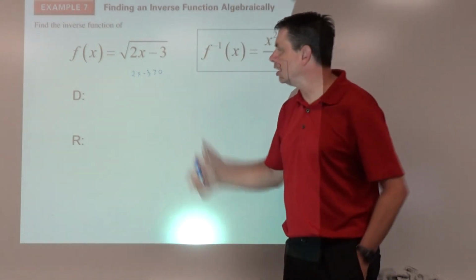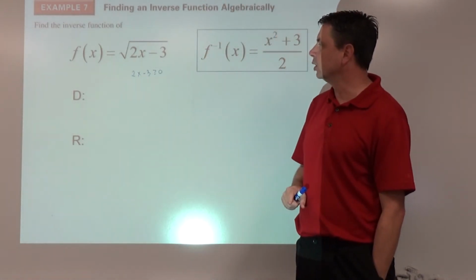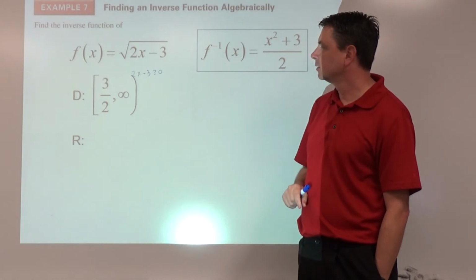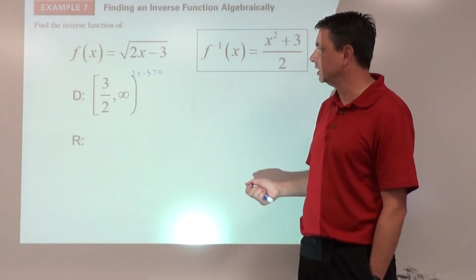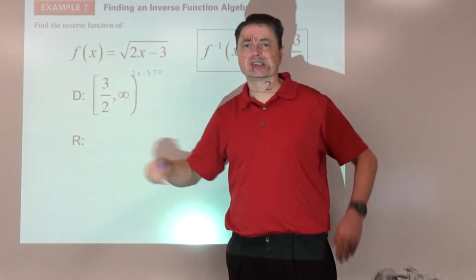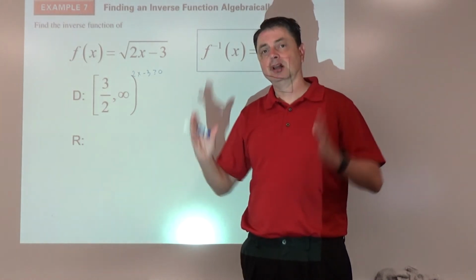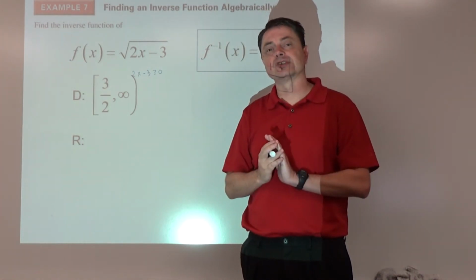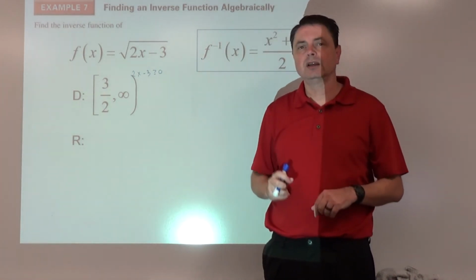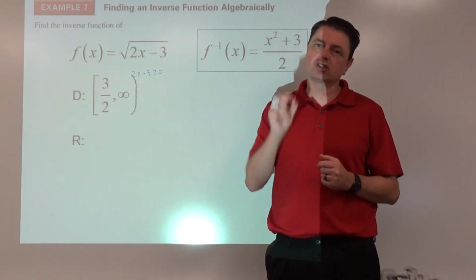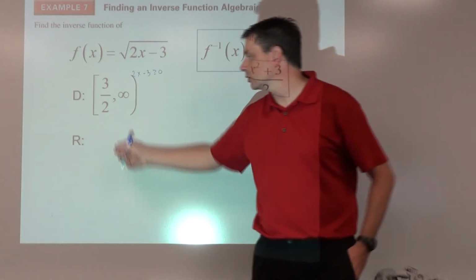If we then solve that, we get the domain, bracket 3 halves comma infinity. The range, since we took our parent function, shrunk it horizontally, shifted to the right, the range never changes. It still starts at 0 and goes up, so that's our range.